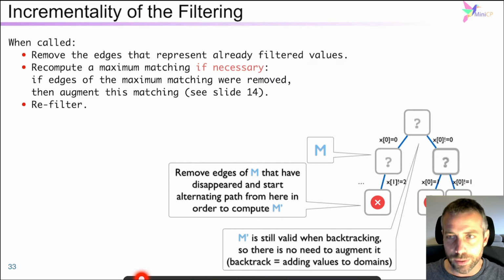So it means that there is no need to store the maximum matching in a reversible state, right? Since when you backtrack it's still valid, you can only add values to the domain and recompute and restart the augmenting path algorithm from that point. That's one important aspect about incrementality of computing the maximum matching.